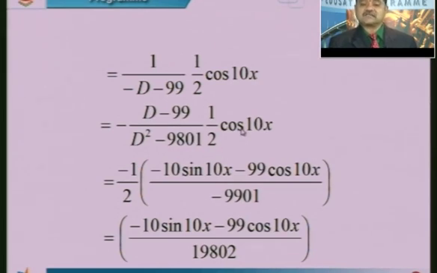D of cos 10x, that means differentiation of cos 10x, which is minus 10 sin 10x, then minus 99 cos 10x. Take the minus outside, it will become plus, and here one more minus is there, so the minus remains, then 2 into 9901, it will become 19802, which is PI2.